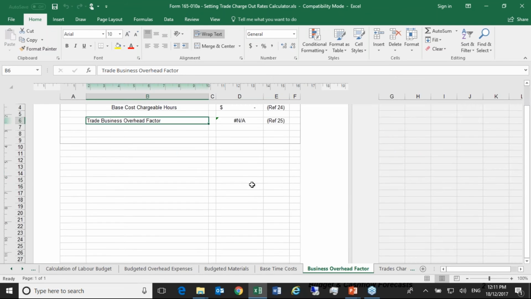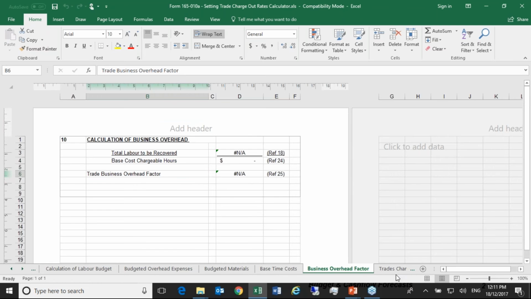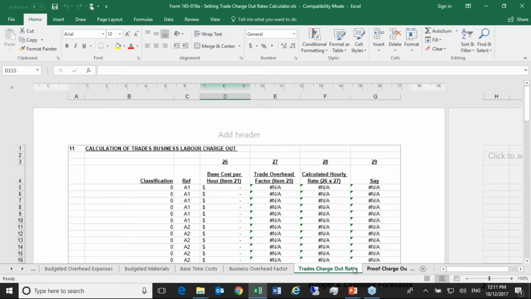Then the calculator will work through the individual classifications, showing the base cost per hour, the overhead factor to be recovered, and will determine a calculated hourly rate to be charged by that particular person.